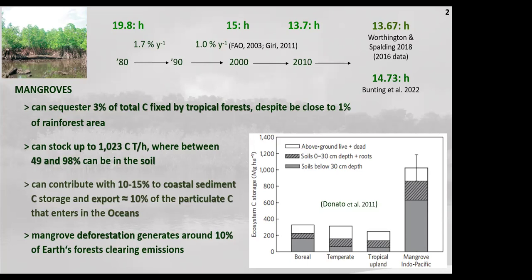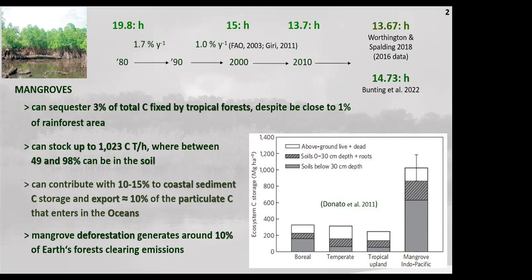We can say that the present extension of mangrove forests reaches around 14 million hectares. You see there two different numbers, one from Worthington and Spalding, another from Bunting, different numbers that are determined by the different measurement methods used by these researchers.